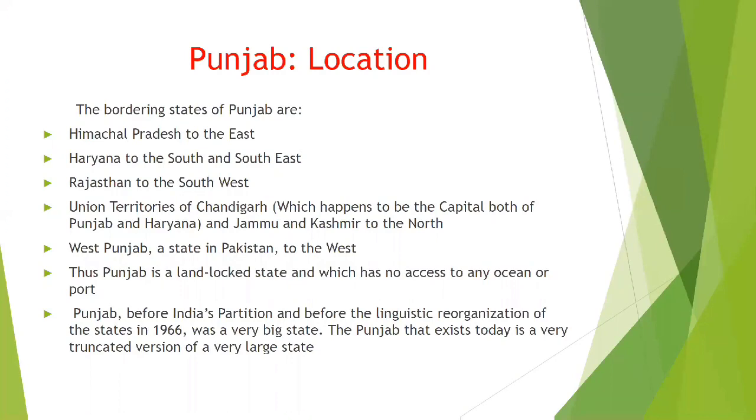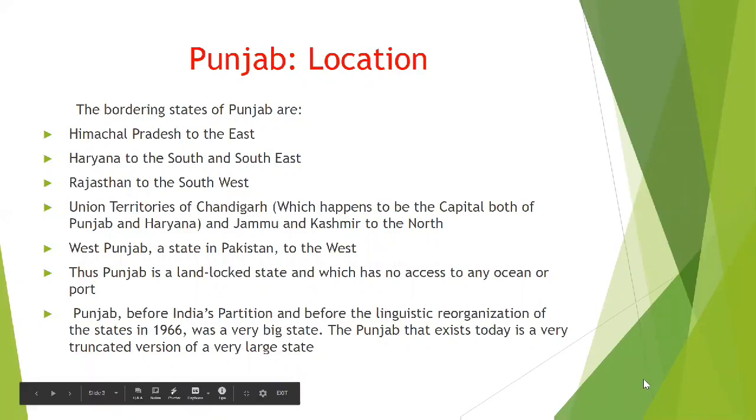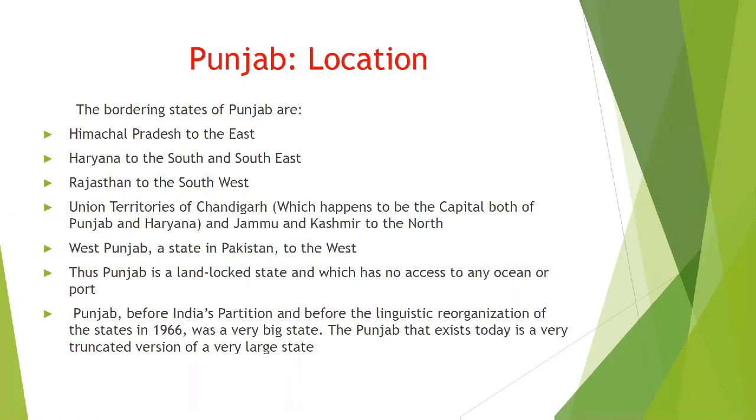Then, as I've already told you, Punjab doesn't have any access to any ocean or a port. Before the partition of the country, Punjab was a very big state. The West Punjab, the area which is now in Pakistan, was a part of the present Punjab. And not only that, Haryana and Himachal were also a part of Punjab.